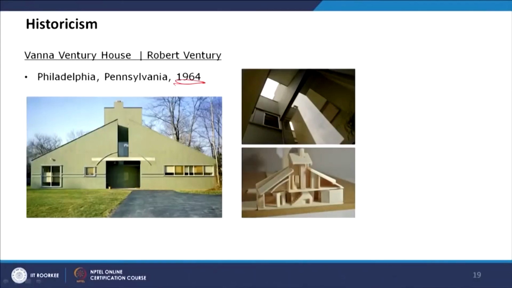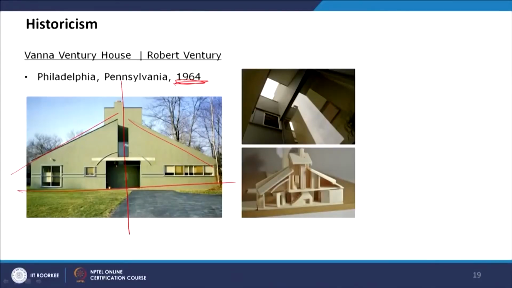Now this is another example by Robert Venturi, the Vanna Venturi House, who said less is more. This is in Philadelphia, Pennsylvania, designed in 1964, which is before postmodern, but still this is a postmodern building. This has a bilateral symmetry and a lot of different elements, but this is designed in 1964, definitely before postmodern.